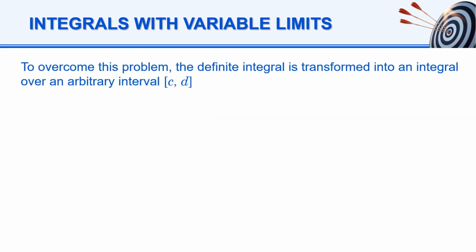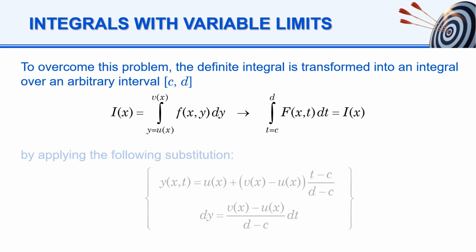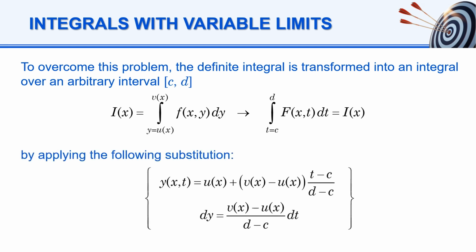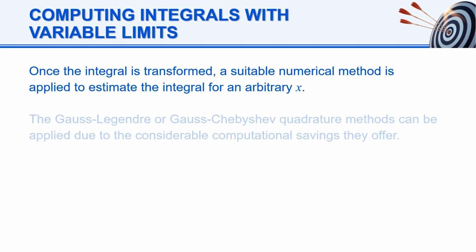To overcome this problem, the definite integral is transformed into an integral over an arbitrary fixed interval from c to d, by applying the following substitution. Once the integral is transformed, a suitable numerical method is applied to estimate the integral for an arbitrary x.